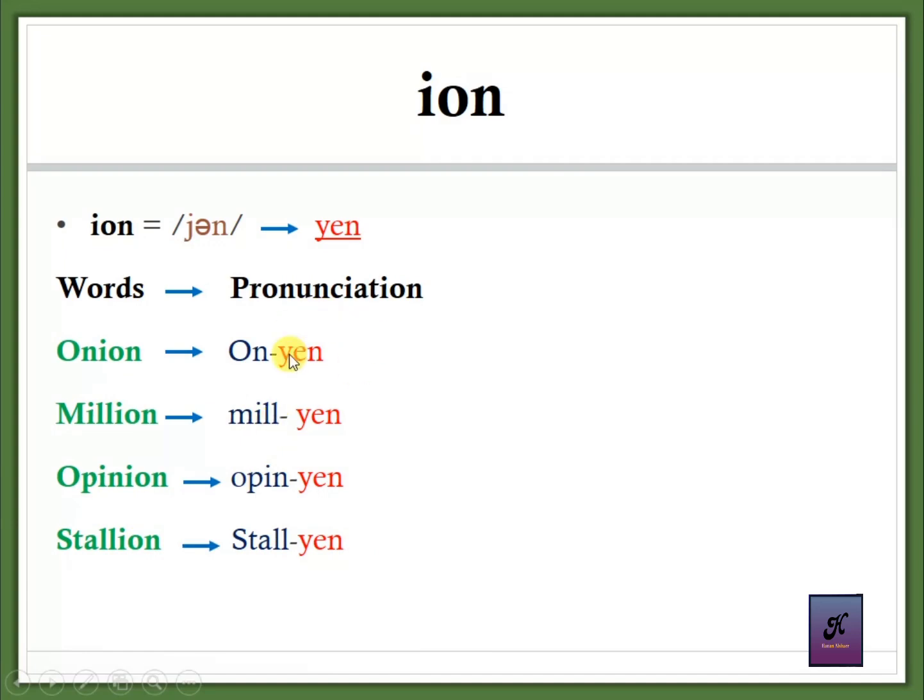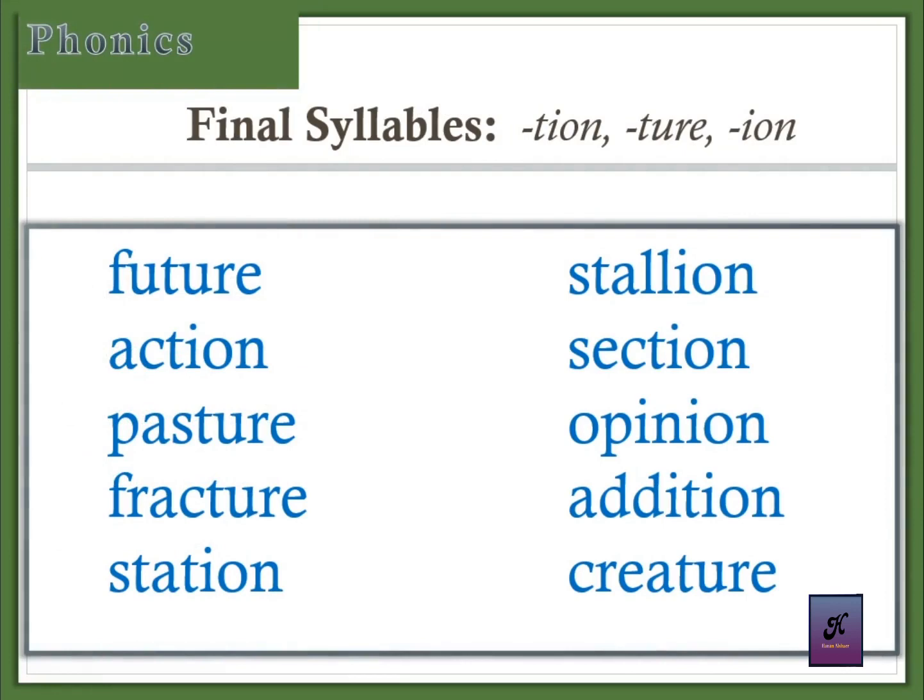So it will always give you the sound yin. Let's go and have further examples. I want you to read after me for each word to understand the pronunciation. The first one we have future, action, pasture, fracture, station, stallion, section, opinion, addition, creature.